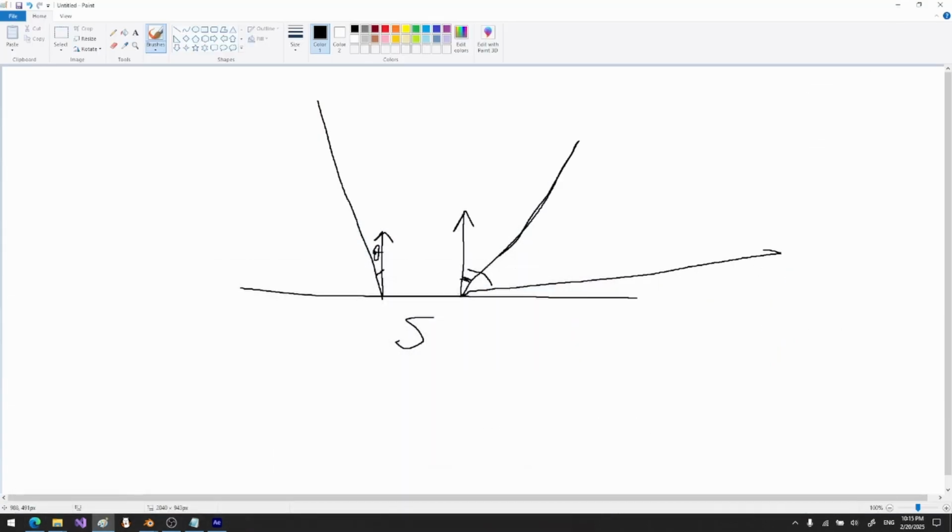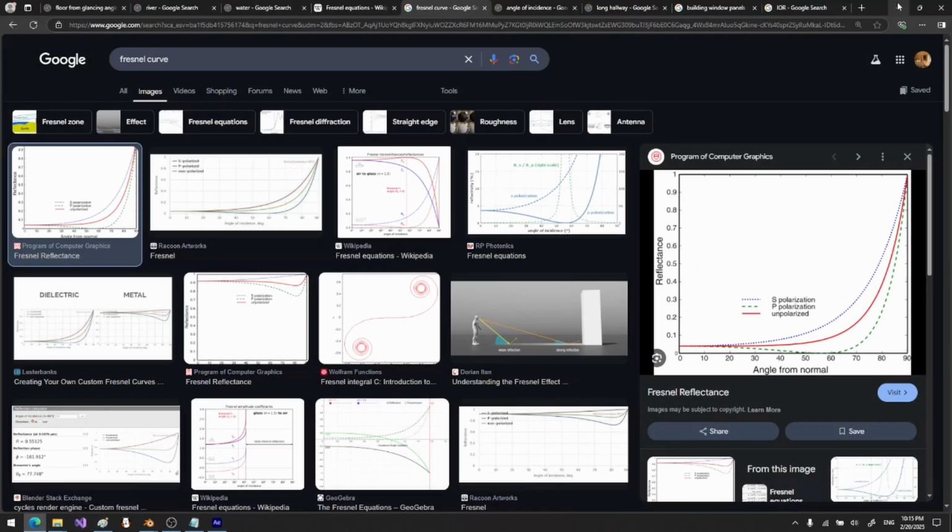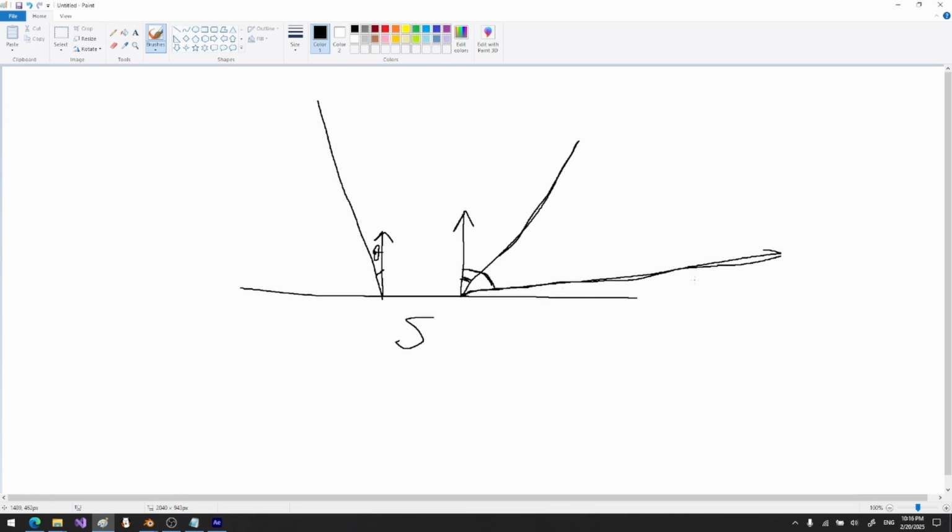However, if the viewing angle is over there, the angle between the surface normal and our viewing angle would be pretty high, almost close to 90, and the reflectance will be much higher, and most of the light will be reflected off rather than refracted through.